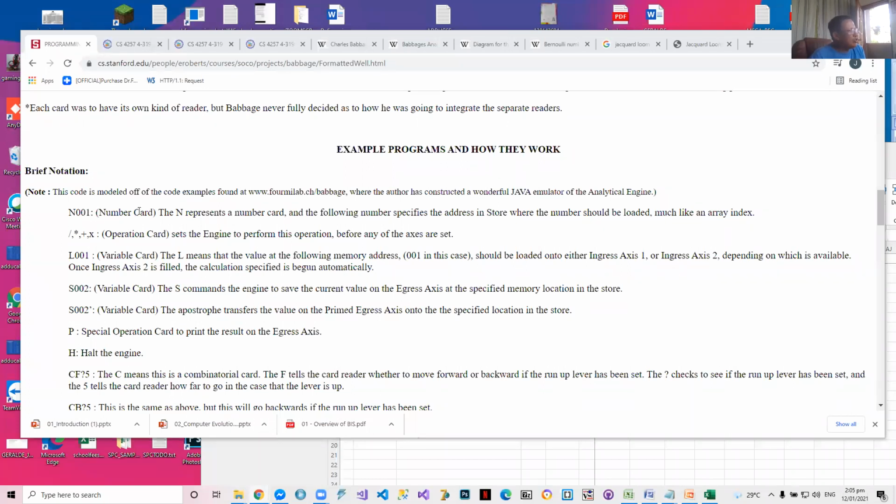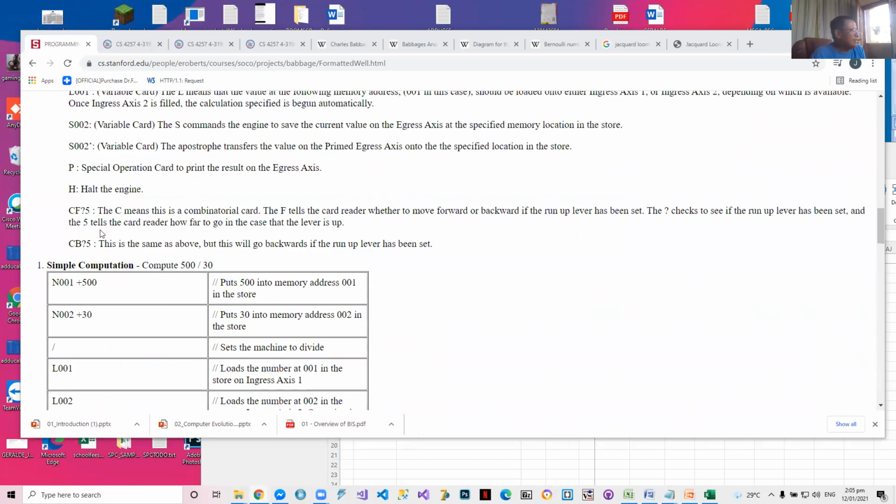N001 actually stores a particular number to the store. CF and CB are count forward or count backward. You can move because you have a counter. To count forward means move to the next instruction. Count backward means go back to the previous instruction.